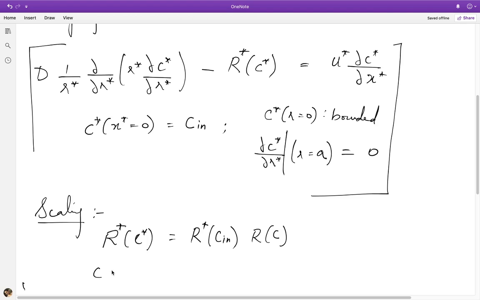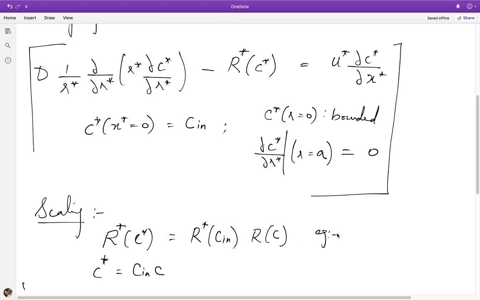The non-dimensional C is given by C star over C in, and the expression evaluated at C gives me the non-dimensional form of the rate. That is multiplied by a dimensional term which has the correct units of the rate, by using C in as the concentration.